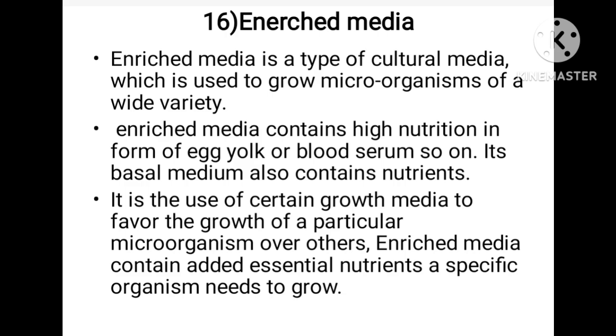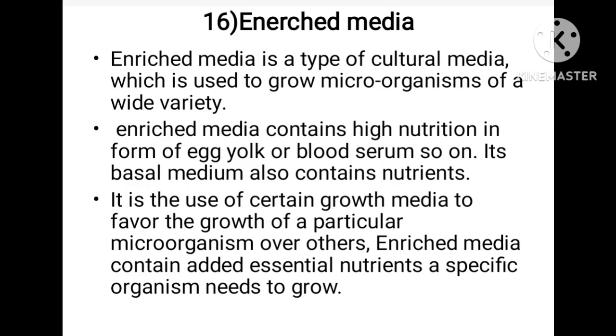This enriched media contains high nutrition in the form of egg yolk or blood serum, etc. Its basal medium also contains nutrients. Enriched media is used as certain growth media to favor the growth of particular microorganisms over others.